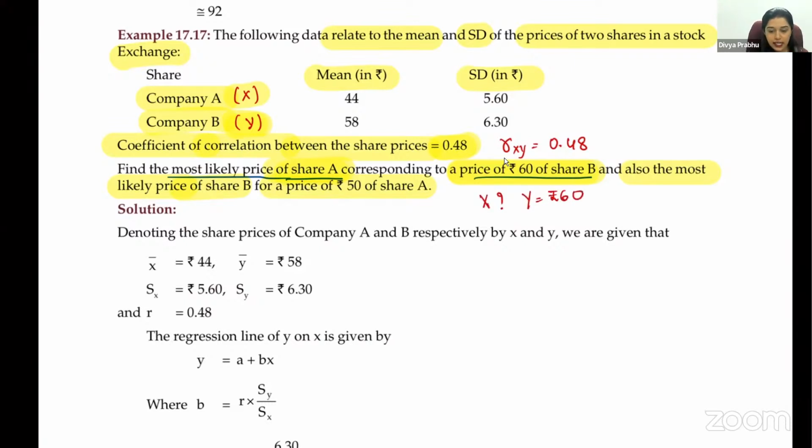In the second case they are telling you the most likely price of share B, which is the value of Y when X is given as rupees 50 here.